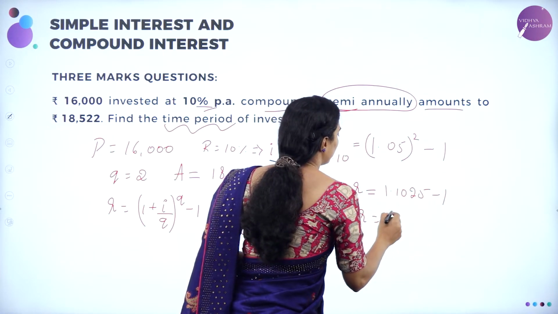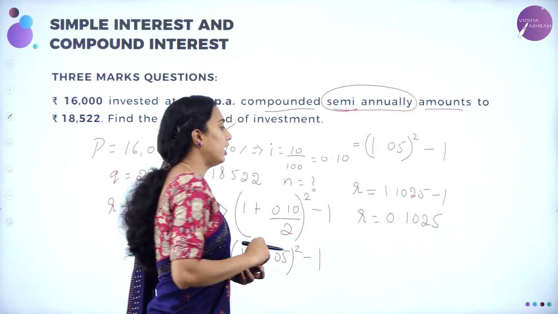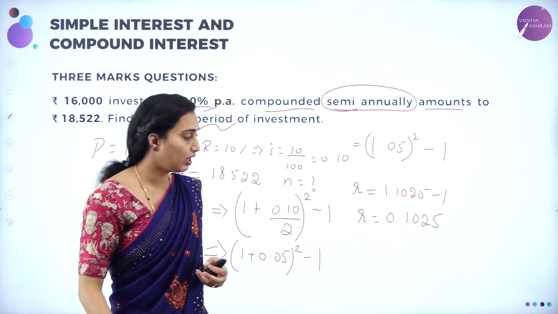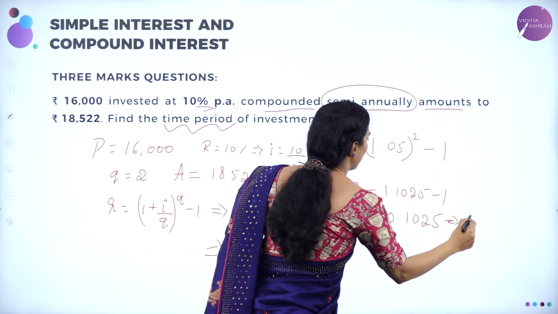R is equal to 0.1025. Otherwise, R is equal to 10.25%, right?